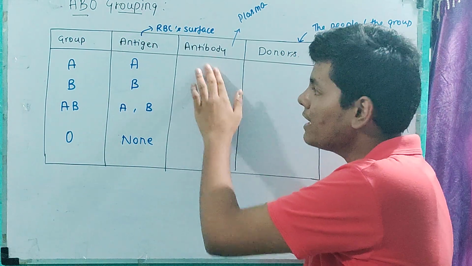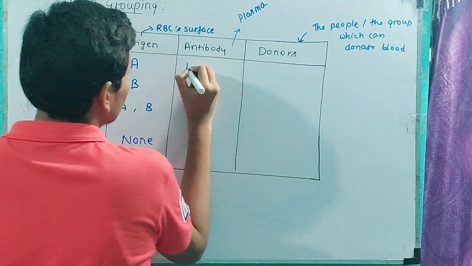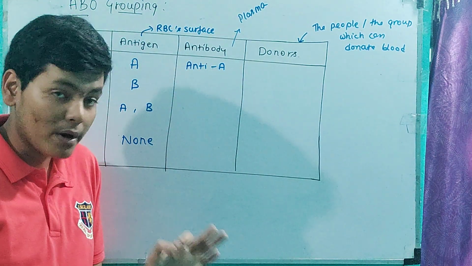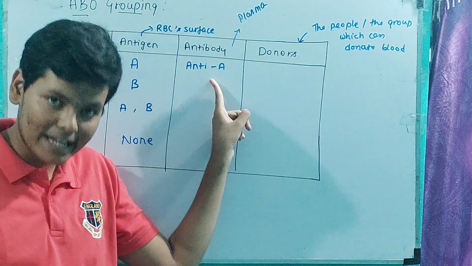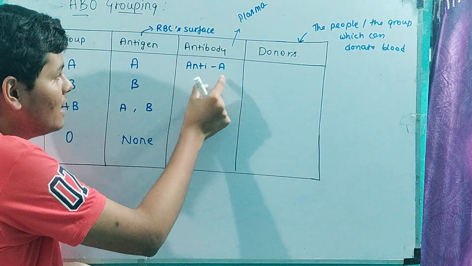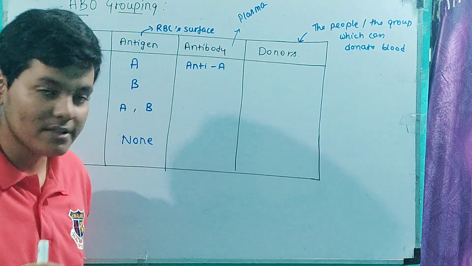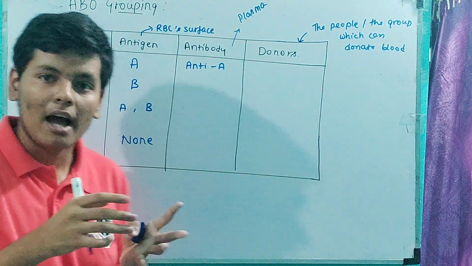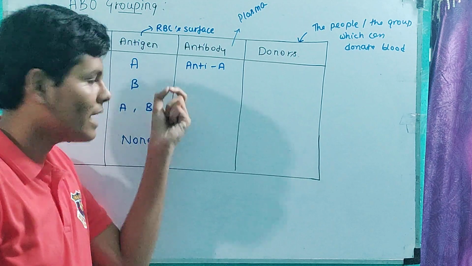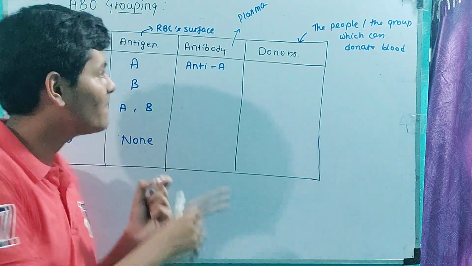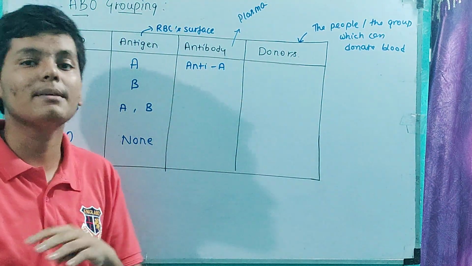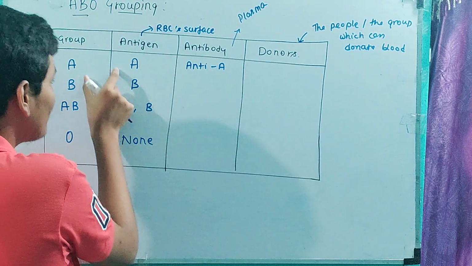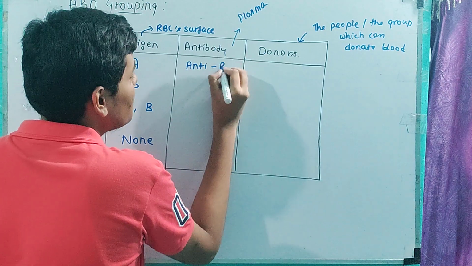So if the body has an antibody, let us say anti-A, it means this antibody can destroy any antigen named A. And if an individual has blood group A, it means he has antigen A. If the antibody were against this antigen A, the person would die due to clotting or some disorder. So the person having blood group A will have an antibody of anti-B.